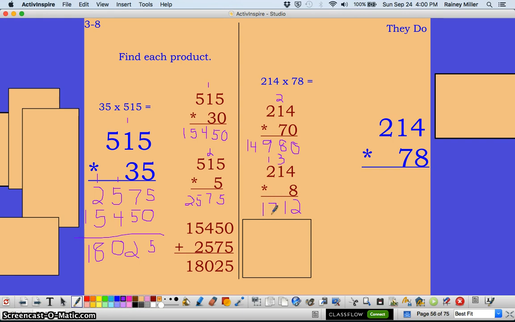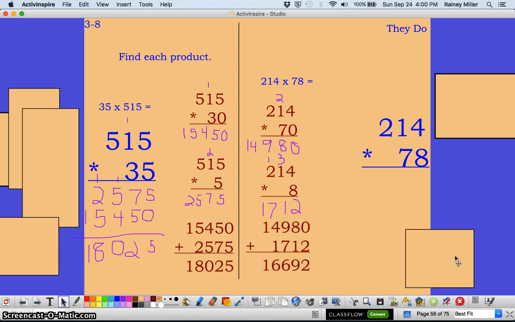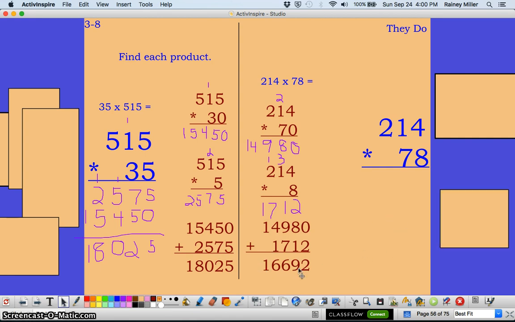So then what I'm going to do is add those numbers together. Okay, and I add them together and get that answer. Now I'm going to do it in the more compact version. So I imagine the 7 doesn't exist. 8 times 4 is 32. So I put my 3 up here, my 2 here.